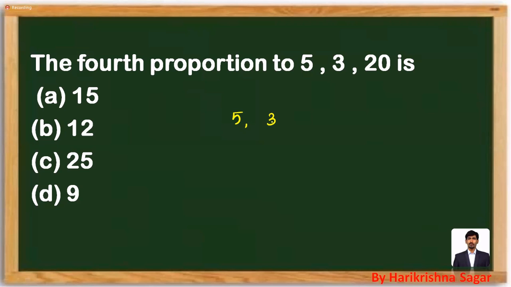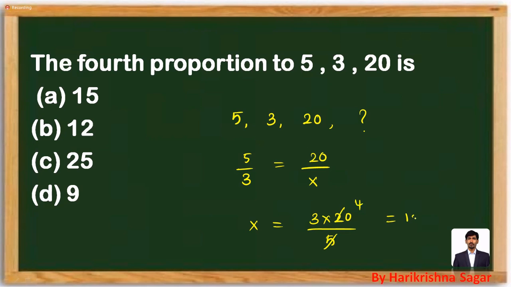So we have 5, 3, 20, and they are expecting us to find the fourth proportion. 5 by 3 is equal to 20 by x. We have to find this x value. So x will be given as 3 into 20 divided by 5. 5 fours are 20, so 3 into 4 is going to be 12, which is available as option B.